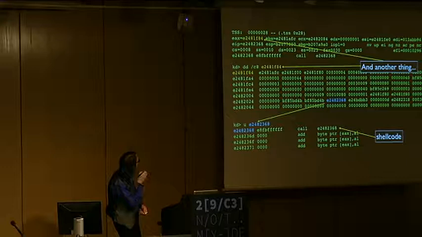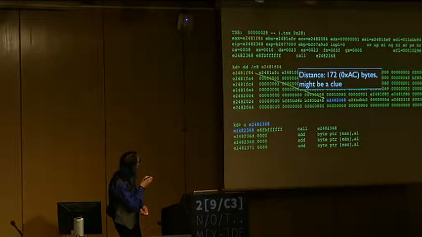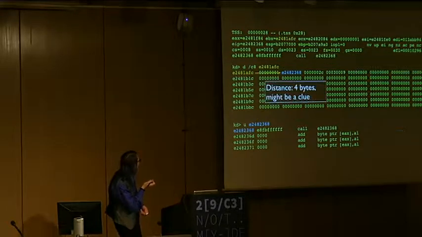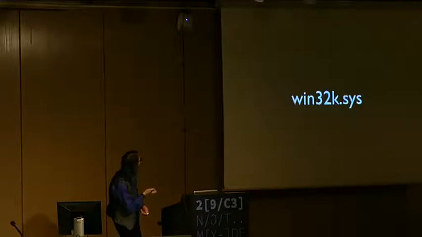But it could also be EAX plus 172 bytes, or possibly EBX plus 4 bytes, and so on. If you're in a hurry and trying to figure out which instructions to look at first.